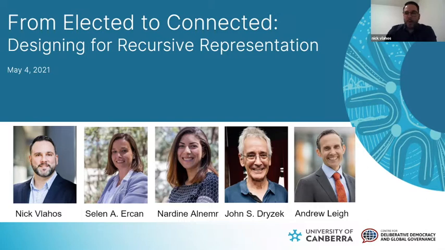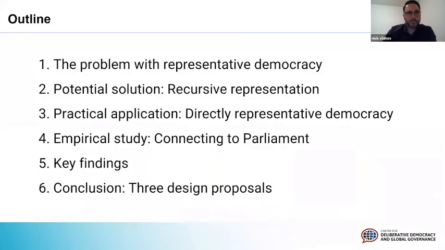So welcome to our paper, From Elected to Connected: Designing for Recursive Representation. Here is a brief outline of what I'm going to go through: a general understanding of the problem of representative democracy, which grounds us in thinking through potential solutions, which is the normative theory of recursive representation, and thinking through one of the practical applications to work through this, which is directly representative democracy, specifically connecting to Congress in the United States.